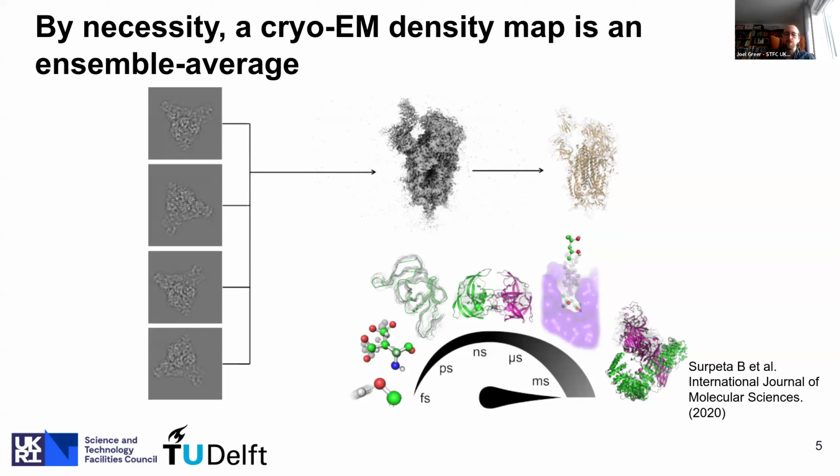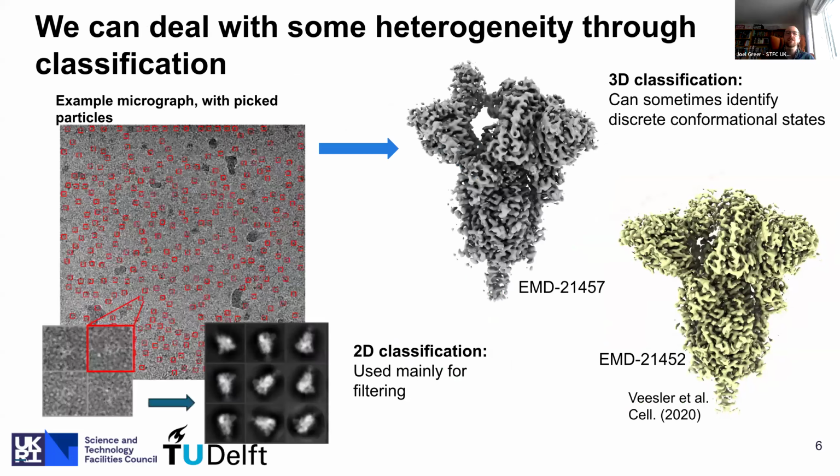Okay, so how can we actually try and access the conformational heterogeneity present within our cryo-EM datasets? The first way we can do this is to start looking at discrete classification. One approach you can take is to take advantage of 2D classification algorithms or 3D classification algorithms, which are a normal step in our computational reconstruction pipeline.